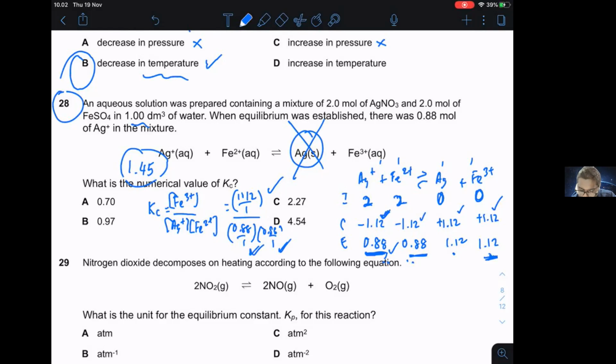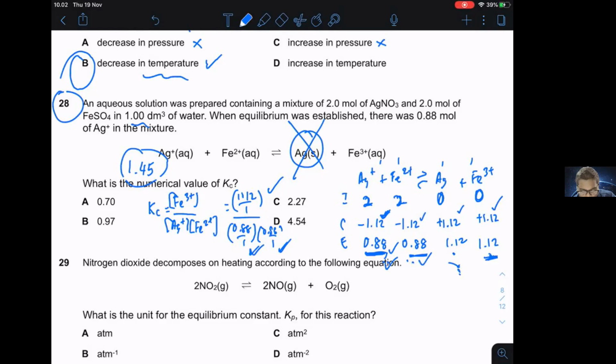Let me just calculate them. When you minus 1.12, you will get this. Ag solid will not be included.